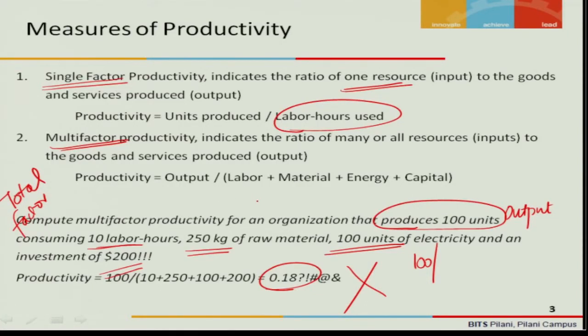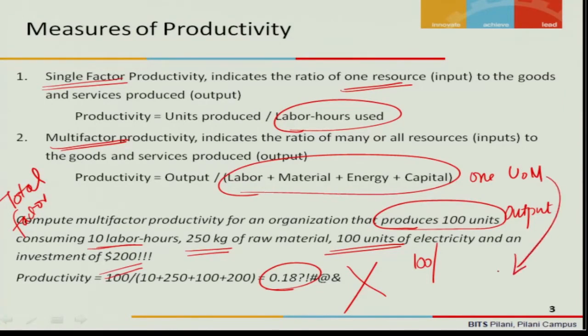While we take this formula, one important thing that you need to do while calculating the multi-factor productivity is that all the inputs should be expressed in one unit of measurement, and conventionally all the inputs will be expressed in terms of the currency, which is the easiest one.